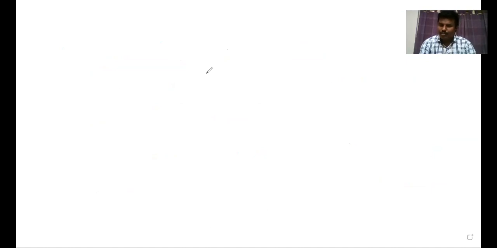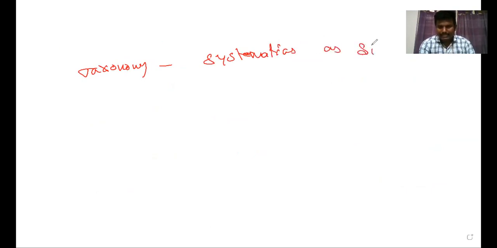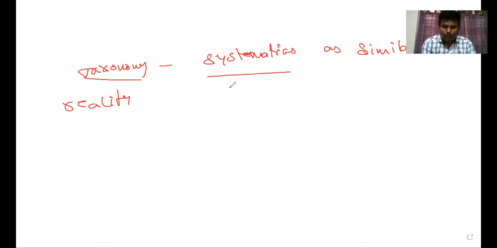Some treat taxonomy and systematics as similar terms, but in reality these are two different terms, though some scientists believe that these two indicate the same meaning.